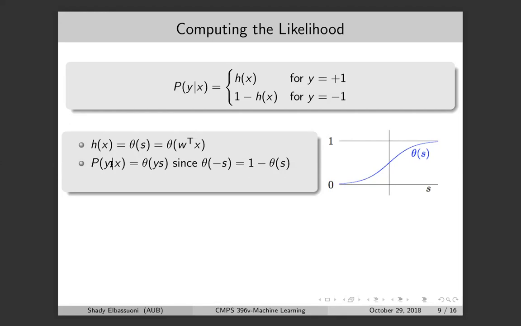I ideally want the probability of y given x to be 1 minus h of x, and I'm saying that's theta of y s. Theta of y s is theta of minus s, and theta of minus s is equal to 1 minus theta of s, whereas theta of s is h of x. So p of y given x is equal to 1 minus h of x when y is negative, and equal to h of x when y is positive. Clear now?